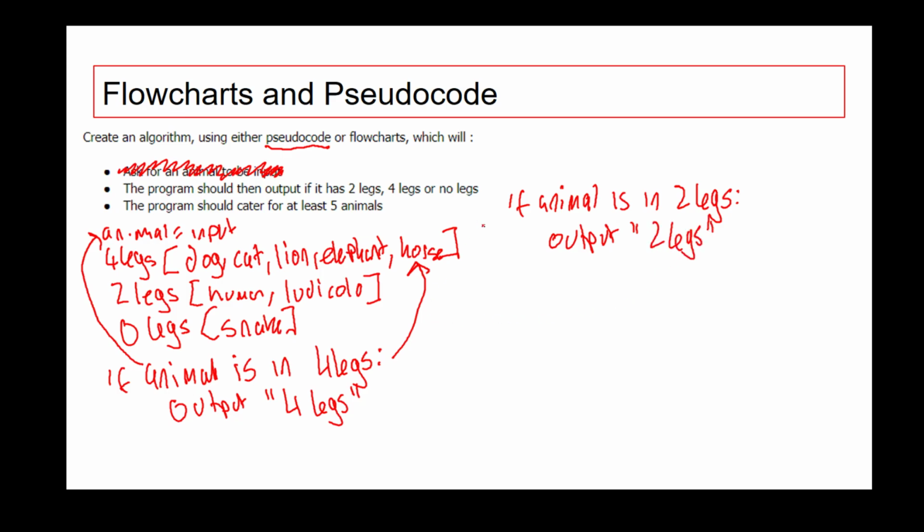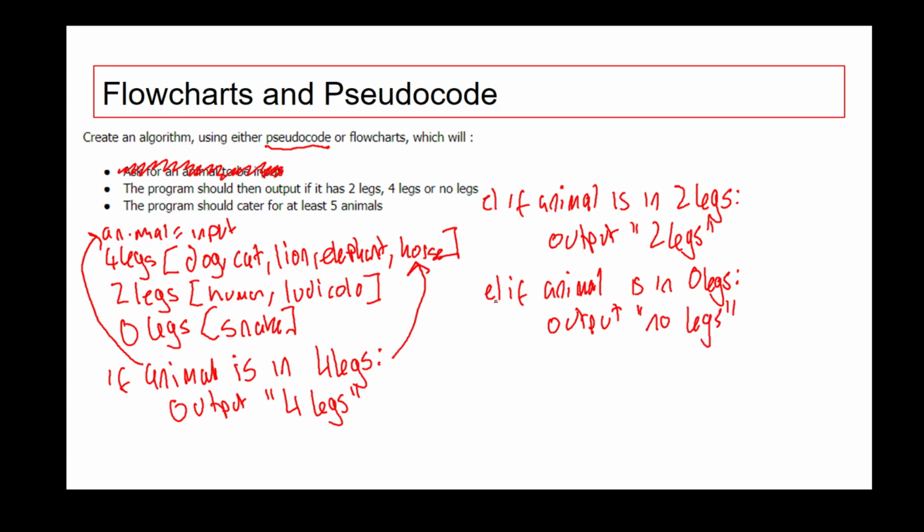To make it even better, instead of having an if, I could go for elif, and then I could go for elif animal is in 0legs, output no legs.